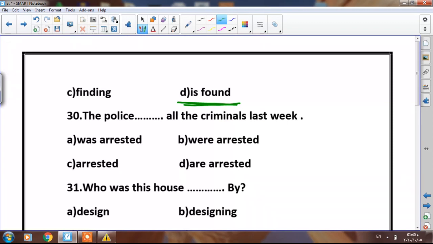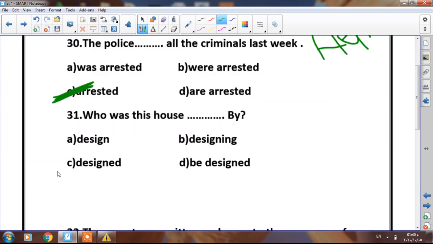The police dot all the criminals last week. Pay attention, senior 2. Can the police arrest? Is the sentence active or passive? Of course the sentence is active. It's not passive at all. The police arrested the criminals. It's a normal, active sentence.